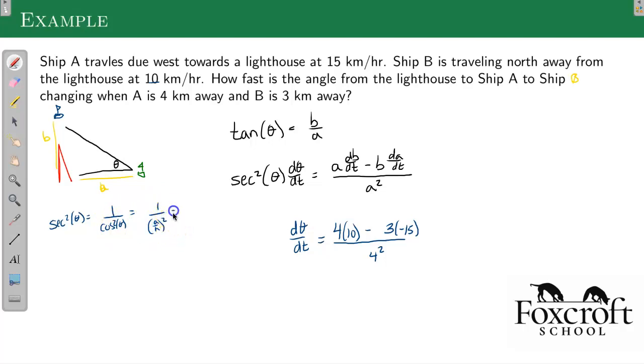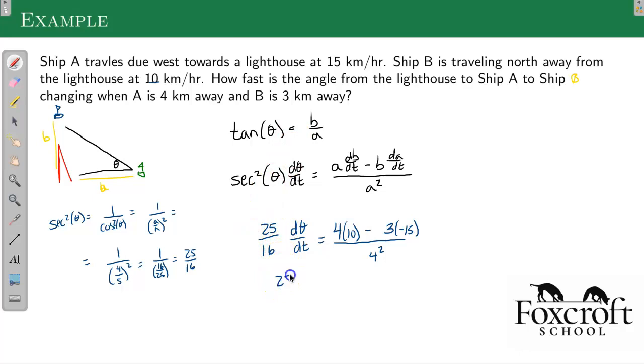In this triangle, the adjacent side is A, which happens to be 4, and the hypotenuse we figured out before, this distance, is 5. So we get secant squared is 25 over 16.